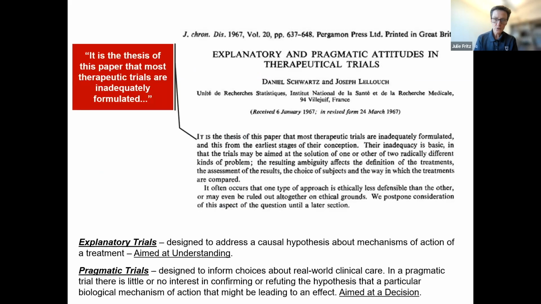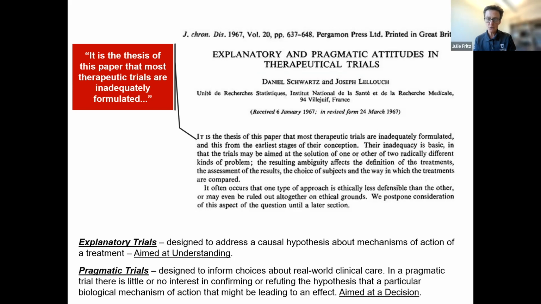With respect to the historical context, the first mention of the term pragmatic trial came in this interesting paper from all the way back in 1967. And for further context on this, randomized clinical trials as a way of understanding treatment effectiveness really only gained precedence in 1948 and the late 1940s.